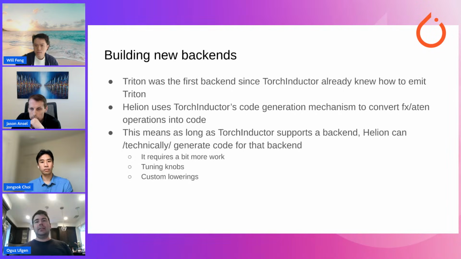In regular ATen, there are specific cond operations, or specific while operations. Whereas for Helion, we wanted to support a larger set of the Python language. So we implemented our own conditionals and our own looping mechanism. So we have some custom lowerings that help us use these backends in these cases.